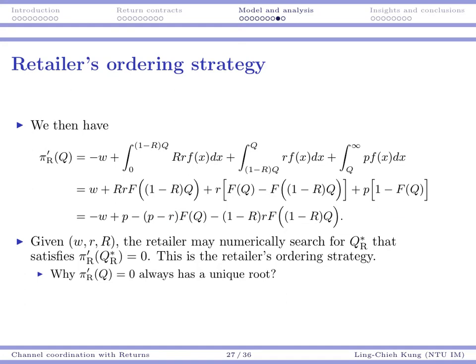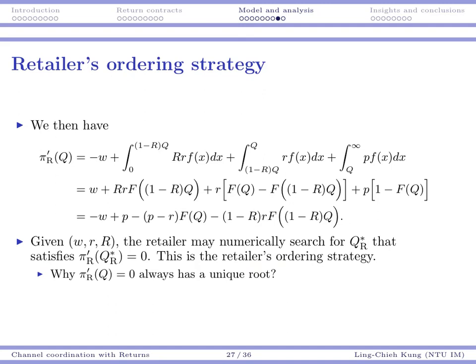That's my first order condition. The retailer should choose a quantity that makes the first order derivative 0. So numerically, or when the function is tractable, we can find q to satisfy this equals 0. That's the retailer's ordering strategy.